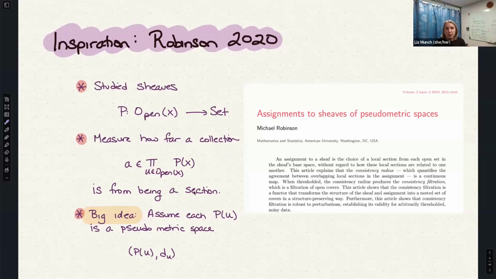What he was doing was putting a pseudometric structure on each of his sets. So for every U, I've got a P of U, and then he sticks a metric structure on that thing. And he uses that metric structure as his measurement tool for, if you hand me a section, how far am I from actually getting what I actually want.